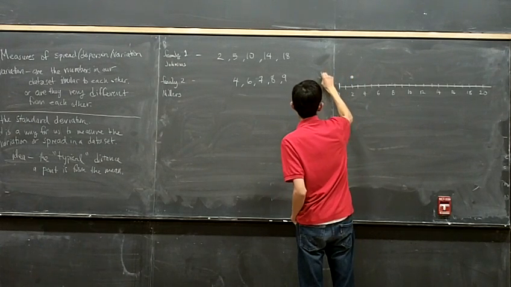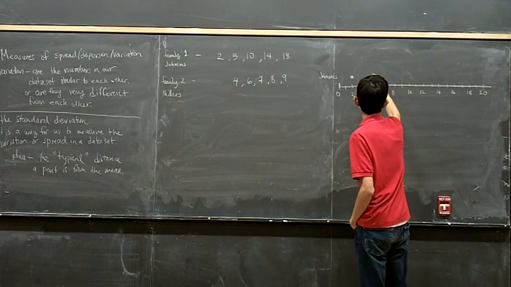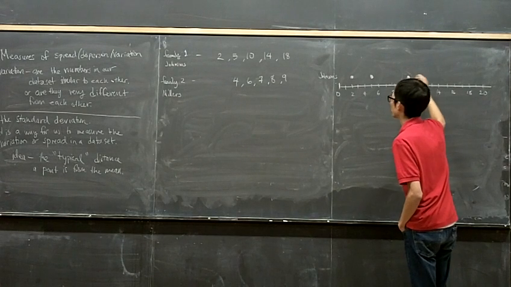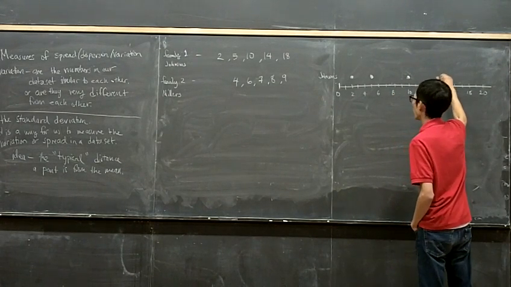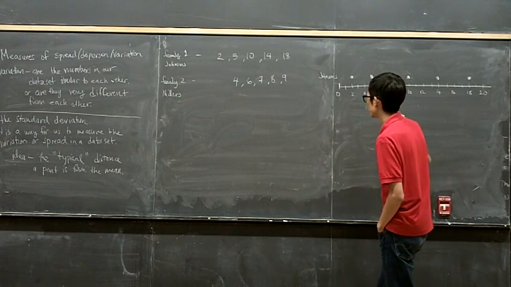I'm going to put the Johnsons above the line, and then I'm going to put the Millers below the line.